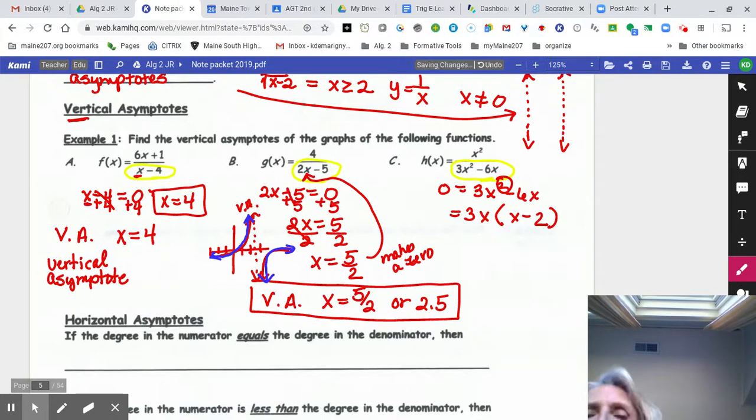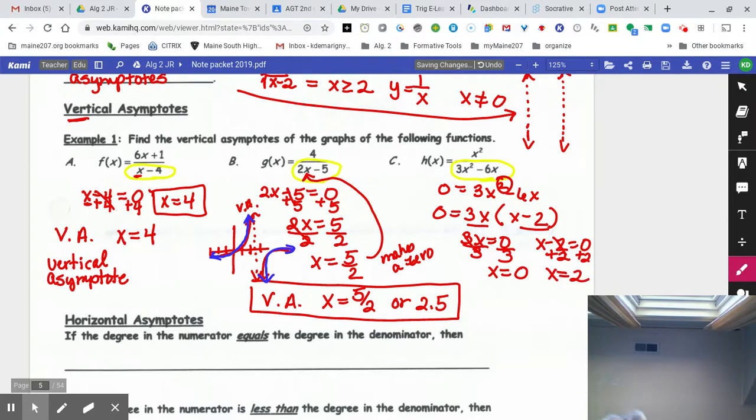Now remember, once we've factored, you set both factors equal to 0. So 3x equals 0, x minus 2 equals 0. If you divide this by 3, then one of your restricted values is 0 itself. And the other restricted value, when I add 2, is x equals positive 2.